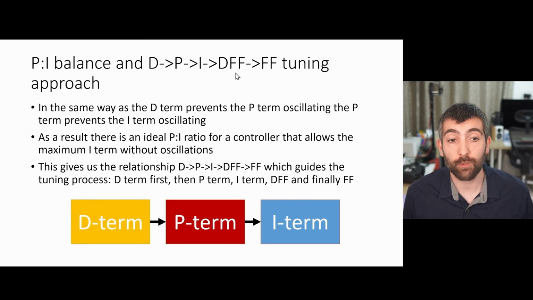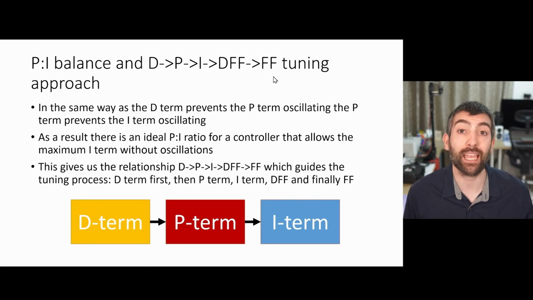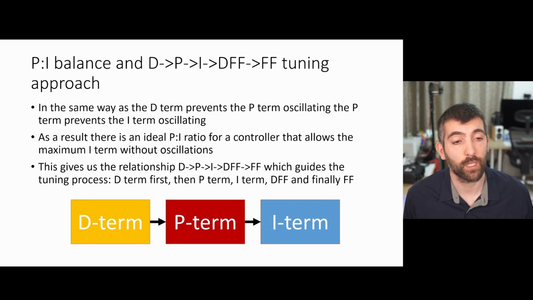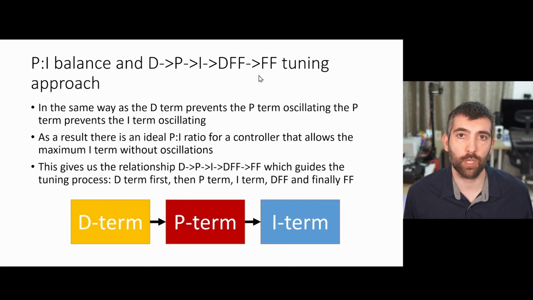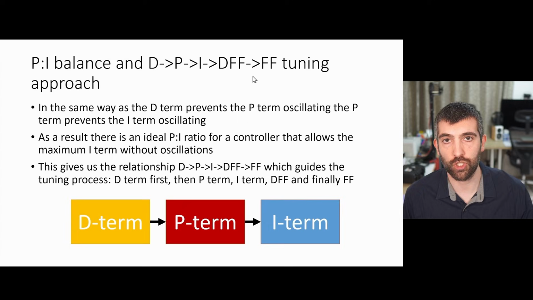The derivative feedforward term depends on the value of particularly the P term, and the correct feedforward value is going to depend on how tightly the rest of the controller is tuned. By tuning in the order D, P, I, DFF, FF, we won't need to go back and adjust earlier terms based on what we do later in the tuning process.